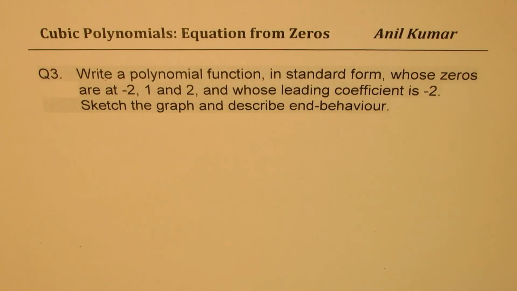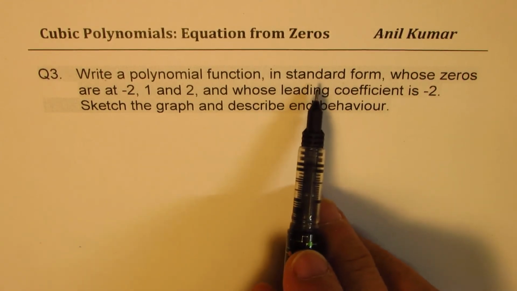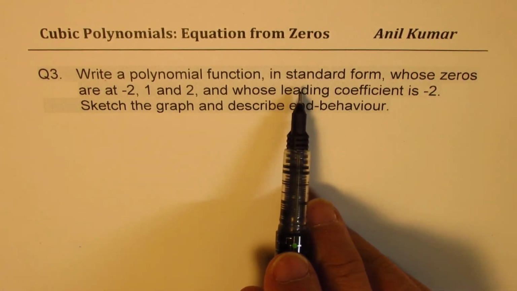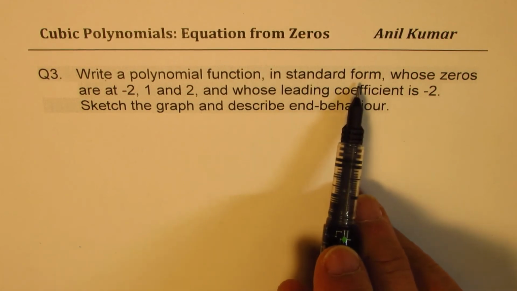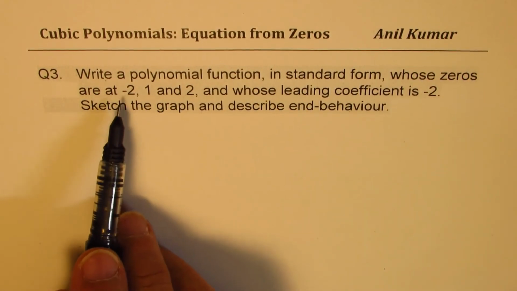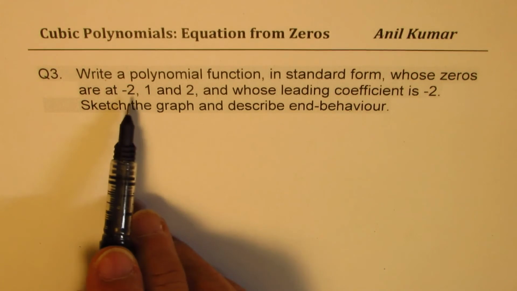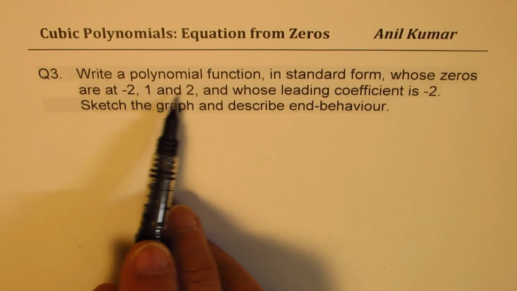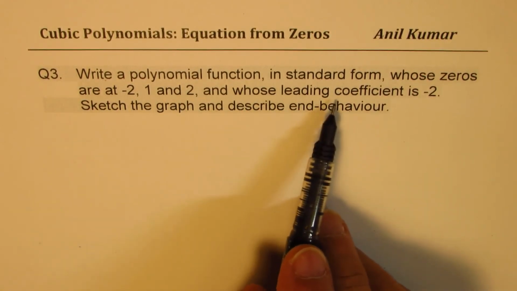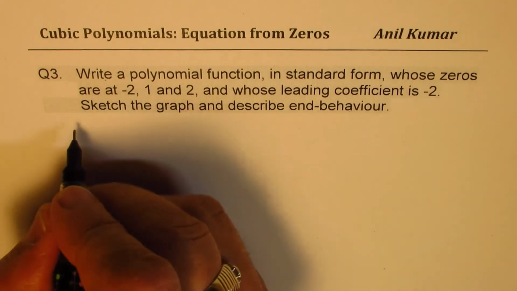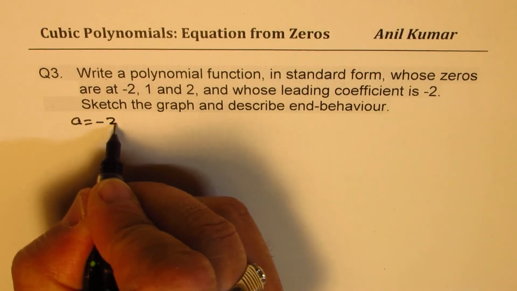Write a polynomial function in standard form. So those two were in factored form. Now we have to write in standard form, whose zeros are at -2, 1, and 2. So again, there are 3 different zeros now, and whose leading coefficient is -2. So we are given a equal to -2.